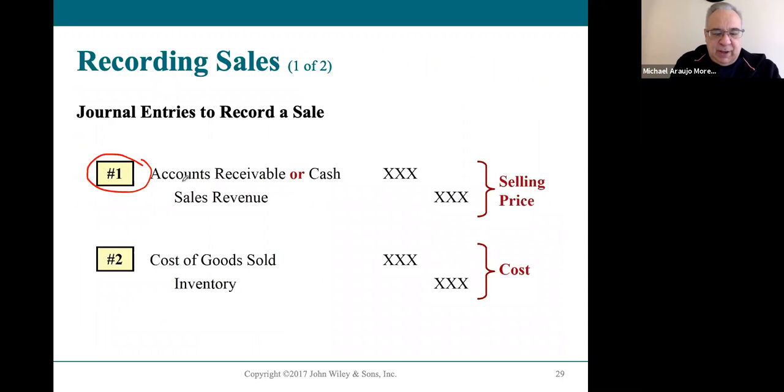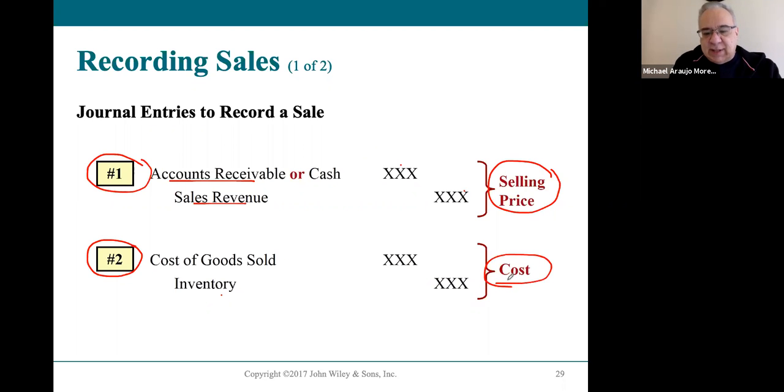So they will debit, in this case, because they're using an invoice, accounts receivable and credit sales revenue for the selling price, the price that the buyer paid. The second thing they have to do is record the cost of goods sold because they sold their inventory, and credit inventory because they sold their inventory for the cost that they paid for it.